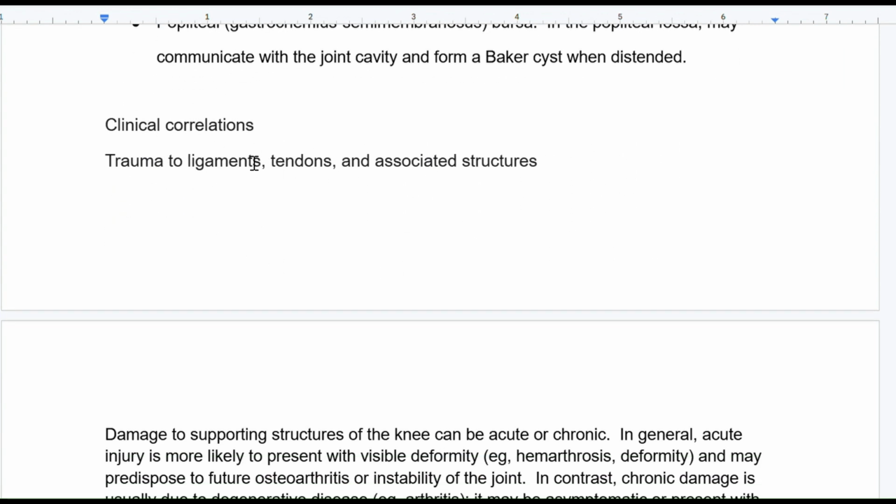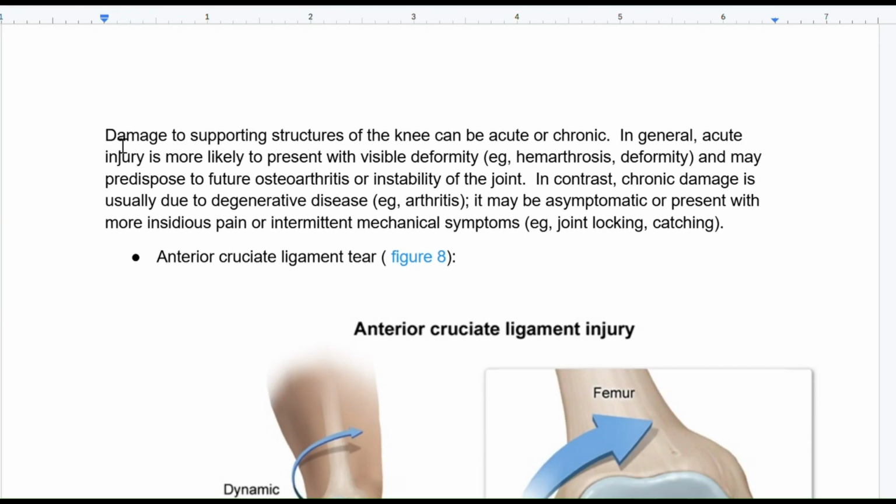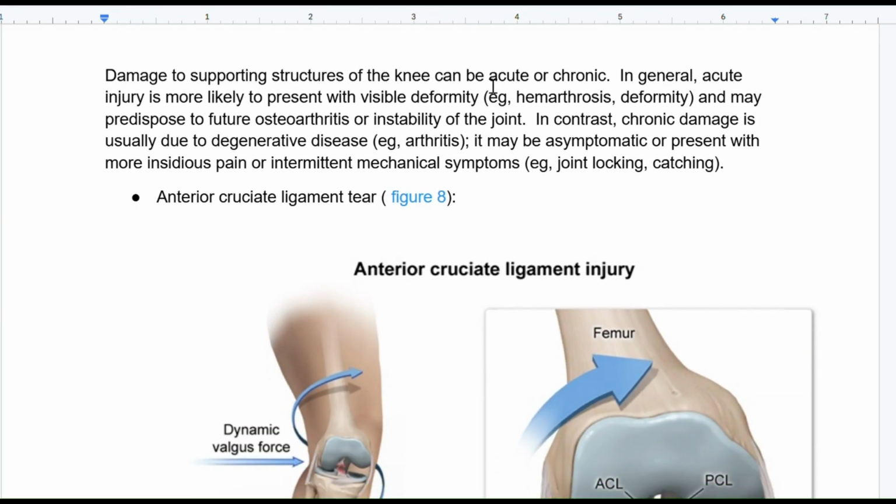Clinical correlations. Trauma to the ligaments, tendons, and associated structures. Damage to supporting structures of the knee can be acute or chronic. In general, acute injury is more likely to present with visible deformity, such as hemarthrosis, and may predispose to future osteoarthritis or instability of the joint.